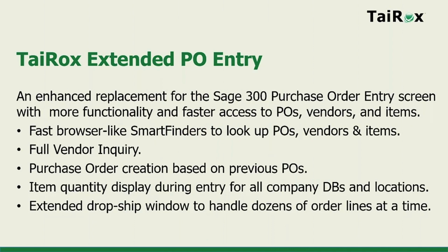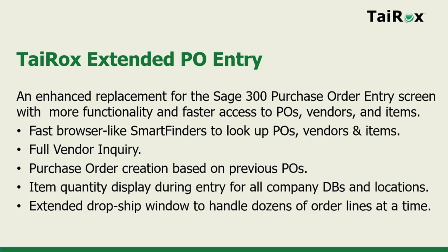Similar to Extended Order Entry, Extended PO Entry is an enhanced version of the Sage 300 Purchase Order Entry screen that provides increased functionality and faster access to POs, vendors, and items.